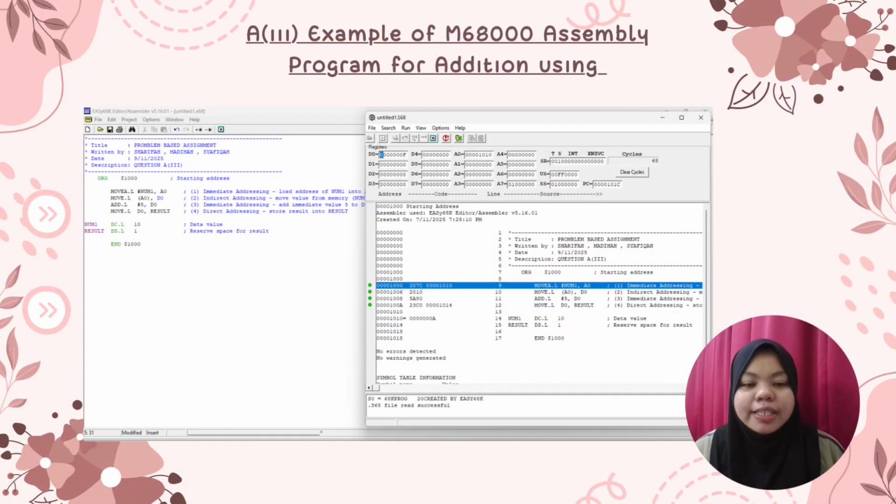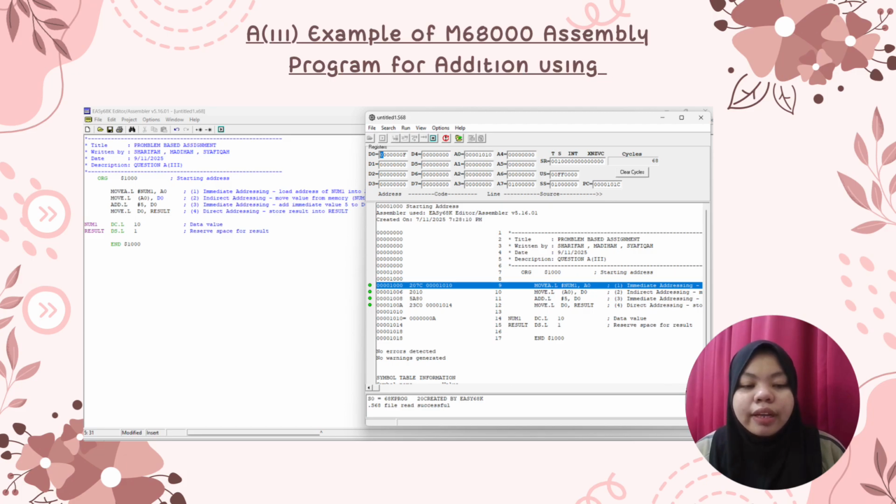Hi, today I will explain my program that adds two numbers using three addressing modes in the M68000 processor. First, move.l #num1, A0 uses immediate addressing because the address is given directly. Next, move.l (A0), D0 uses indirect addressing.